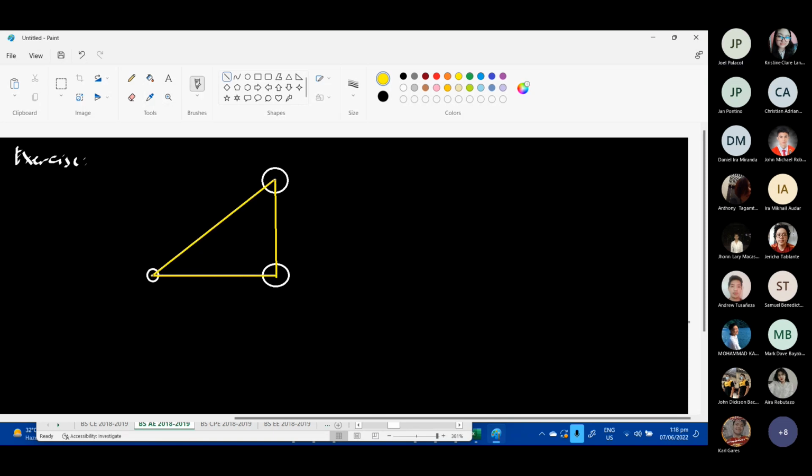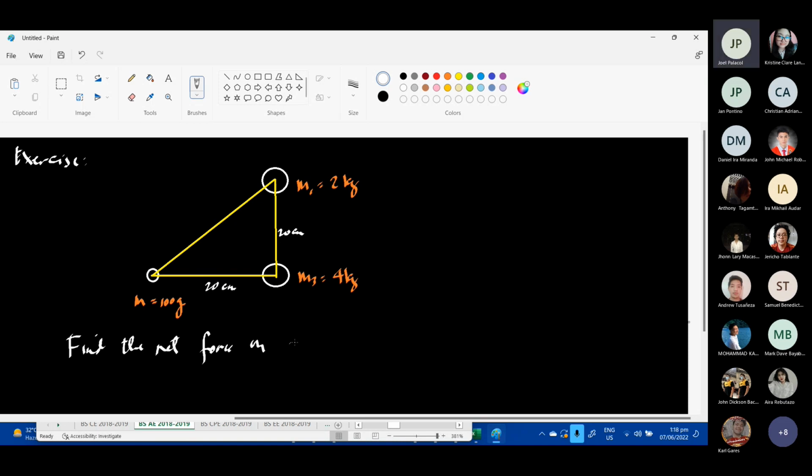Say M is equal to 100 grams. M1 is 2 kilograms. And M3 is 4 kilograms. 20 centimeters, 20 centimeters. Find the net force on M. Okay?